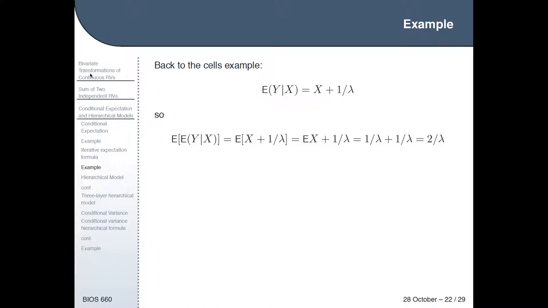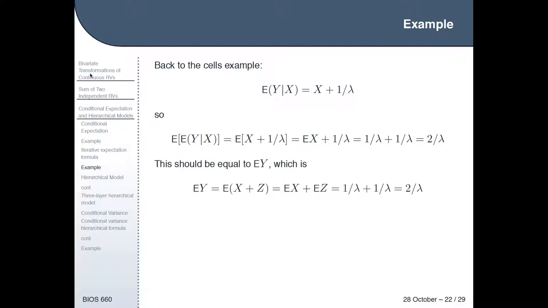So if we find the expected value of this expected value, we end up with the expected value of x plus 1 over lambda, which is of course the expected value of x plus 1 over lambda, plus 1 over lambda, which is 2 over lambda, and based on the results of the previous slide, that should be equal to the expected value of y, which it is.